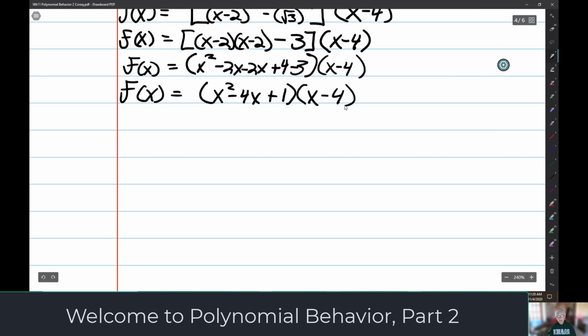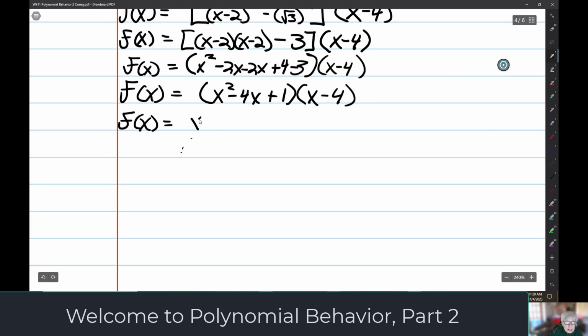We're almost done. The light is at the end of the tunnel. F of x equals, all right. I'm going to take x squared and multiply it by the second set of parentheses, minus 4x multiplied by the second set of parentheses, and plus 1 and multiply it by the second set of parentheses.